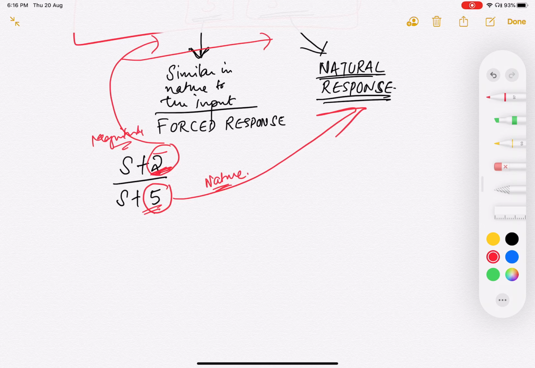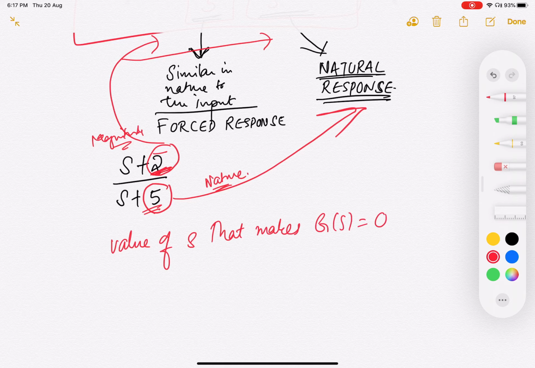So any value of s that makes G(s) equal to 0, right? Like 2 here, is called the zero of G(s). So a zero of G(s) makes G(s) equal to 0 at that point. So we have a zero here, which is given by s equals -2.